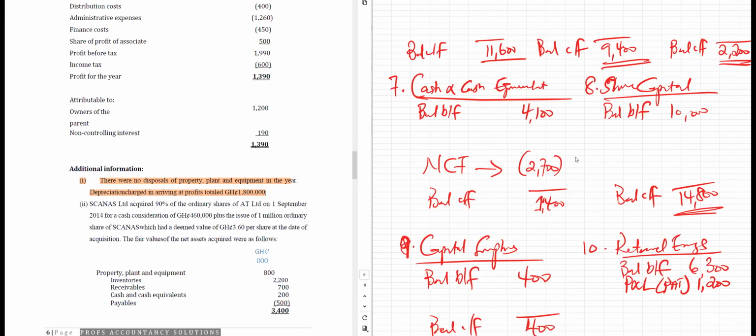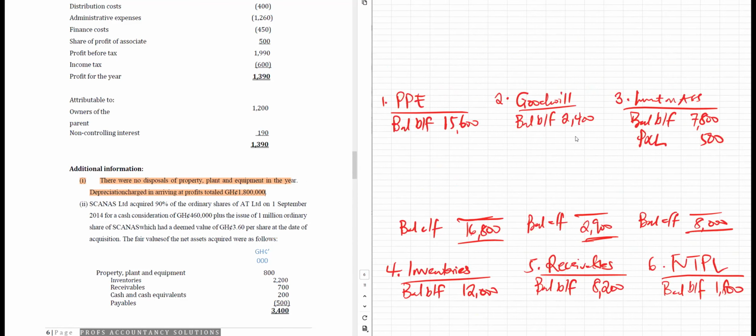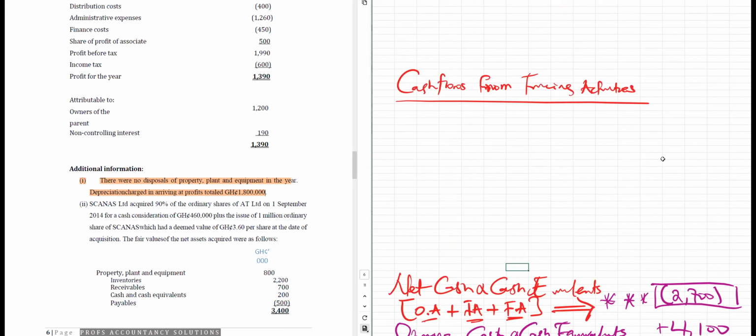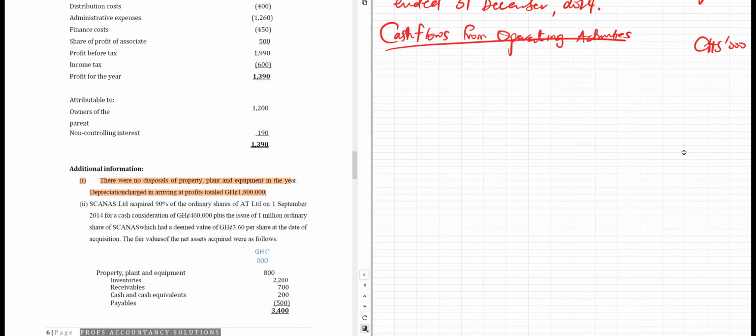So depreciation affects 2 accounts. Everything in the footnote affects 2 accounts. First, depreciation must affect our PPE account, true or false? True. It reduces it by 1,800. But since it's a P&L item, it would have been charged in the P&L as an expense, so we reverse it. We take our profit before tax as usual, which was 1,390.